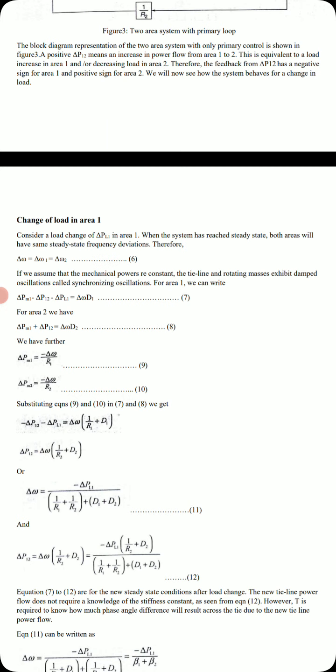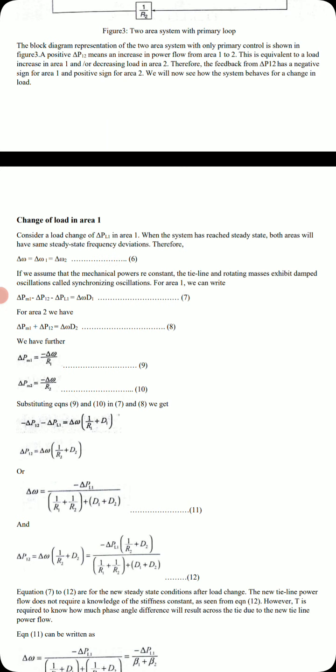If we assume that mechanical powers are constant, the tie line and the rotating masses exhibit damped oscillation called synchronizing oscillations. For area 1, we can write delta Pm1 minus delta P12 minus delta PL1 is equal to delta omega D1. We can take this as equation 7.